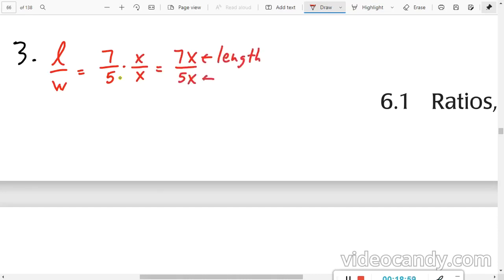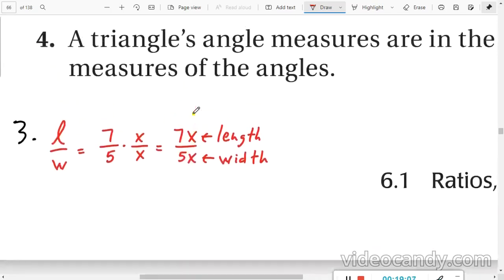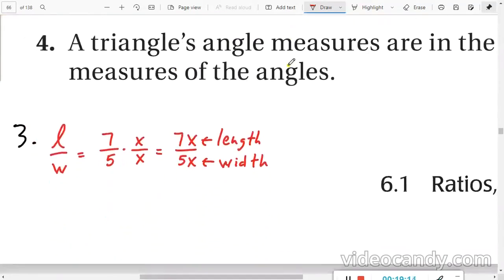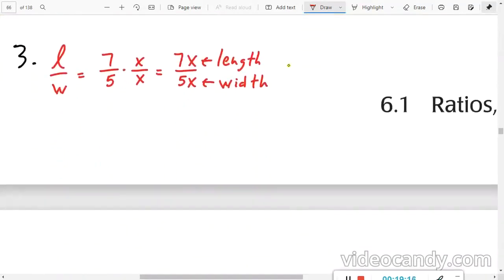So that's the length, and that's the width. And now it said the perimeter is 48 feet. It's a room, so I'm going to assume it's a rectangle. So the perimeter for a rectangle, just like we did before, is 2 times the length plus 2 times the width.